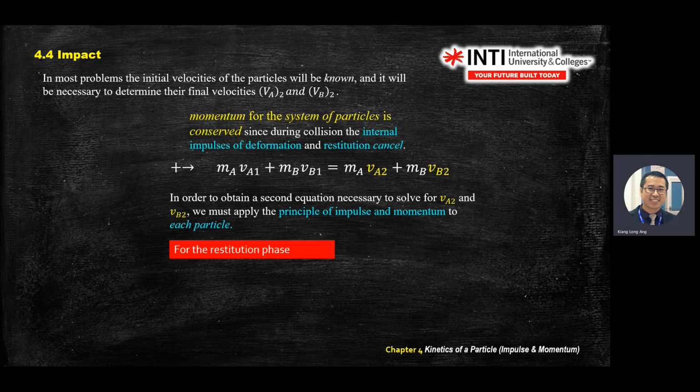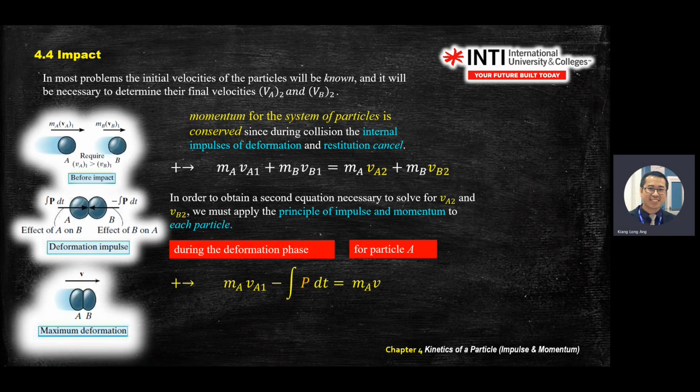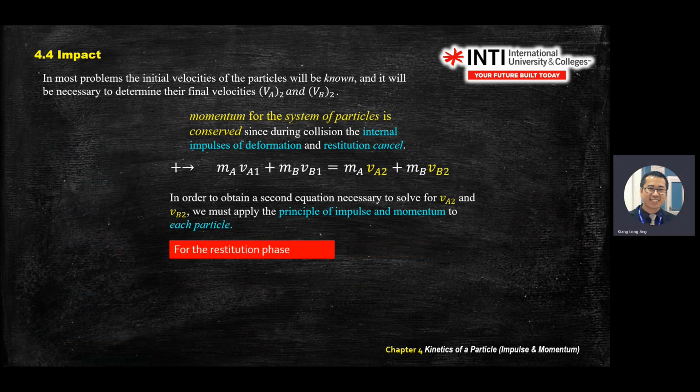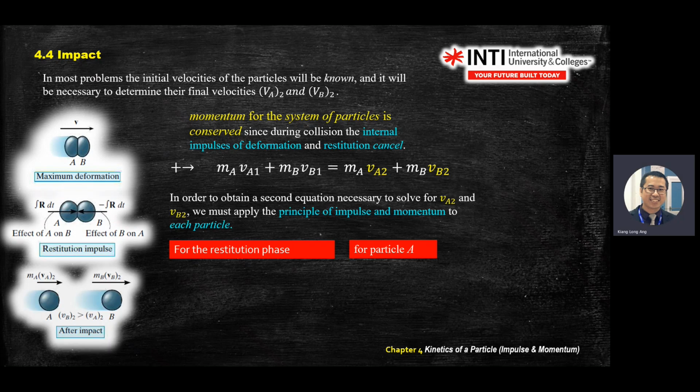This is deformation, P. After maximum deformation, the phase is called restitution, where it starts to restore the shape. After compressing, it starts to restore the shape and then separate. So restitution is the same, but we use minus R, because the force is also pointing in.